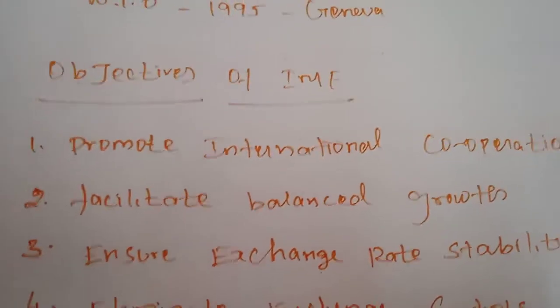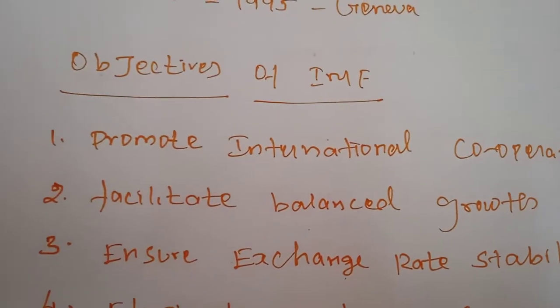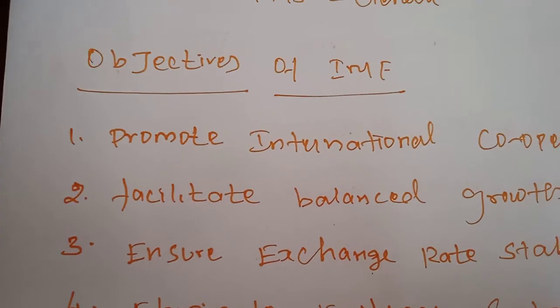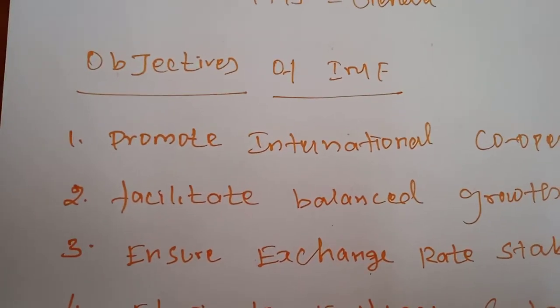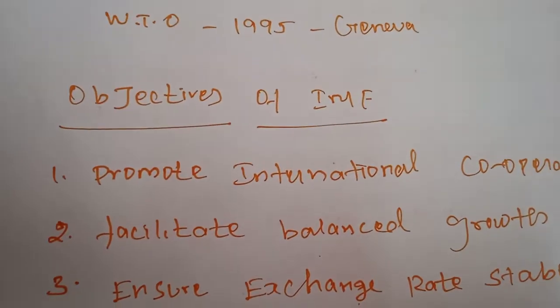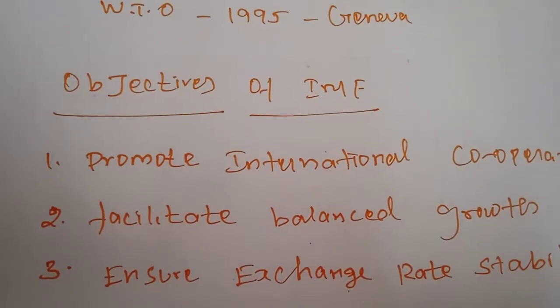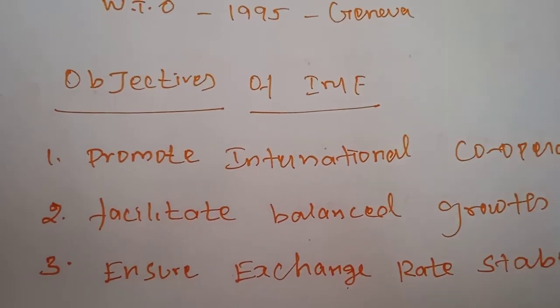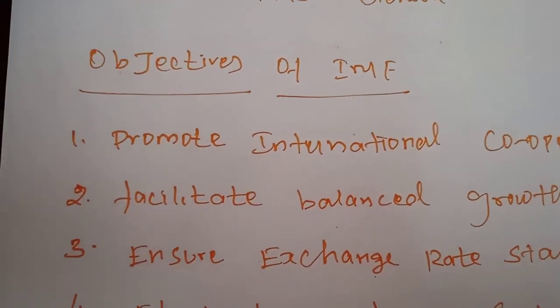When they deal with other nations, they must have foreign exchange, and all nations are eager to increase their exports and maintain international trade. So all the nations joined together and created the International Monetary Fund.